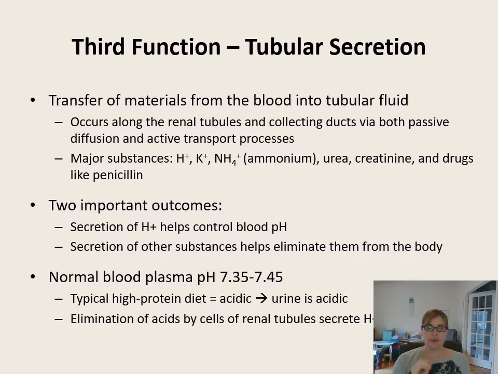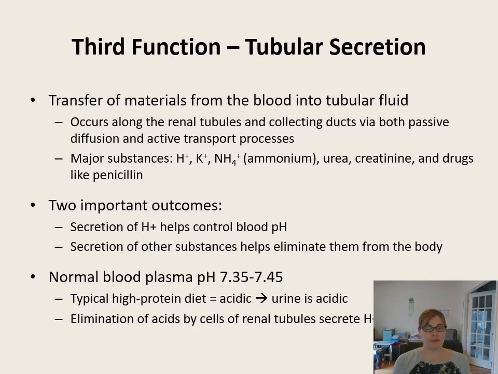If we have an issue with blood pH, and it doesn't even have to be an issue, pretty much all the time we can eliminate hydrogen ions. We put these hydrogen ions from the bloodstream into the tube to be eliminated.